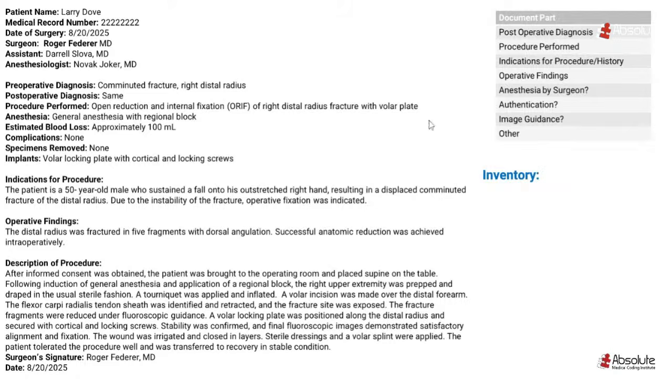Look at the operative findings. Was the anesthesia performed by the surgeon? No, it was performed by the anesthesiologist, Dr. Joker. Was it authenticated? Yes. Did image guidance take place? Absolutely it did. Anything else, I'll put here.